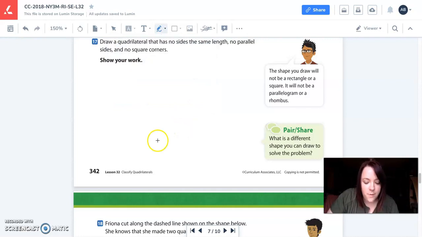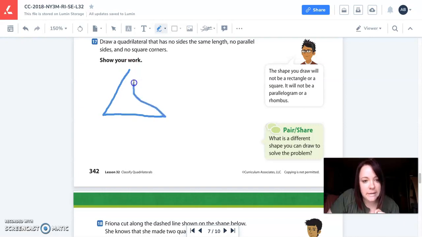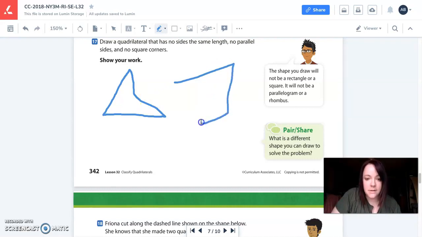So I'm going to draw a quadrilateral that has no sides that are the same length, no parallel sides, and no square corners. So bear with me. I tried. It's a little bad. It's okay though. And my second one is like this. Well, maybe that one. Let's redraw that.